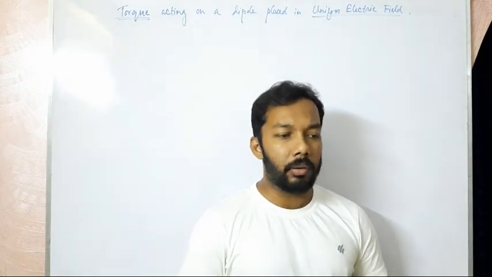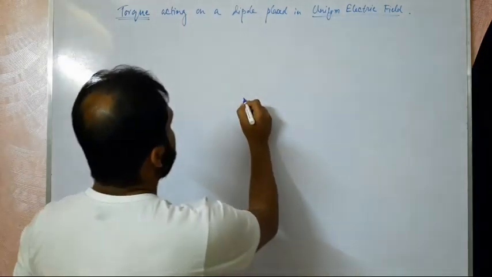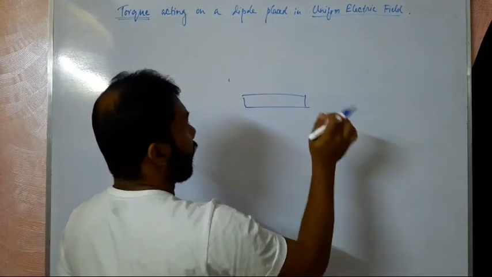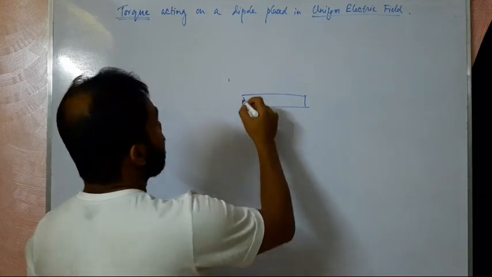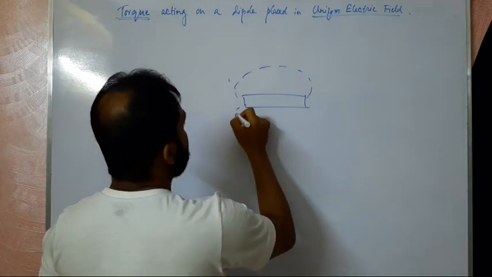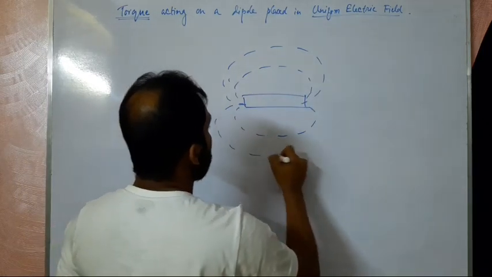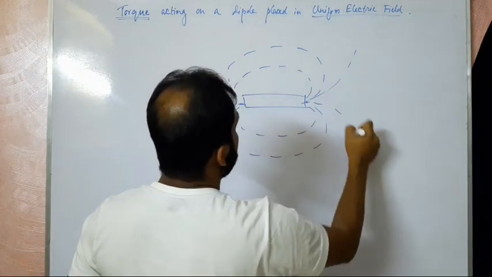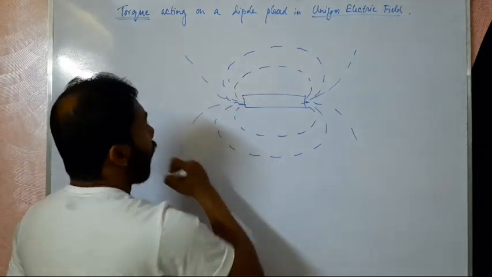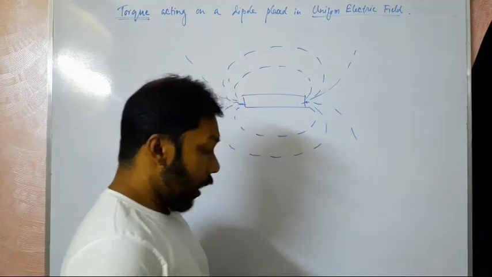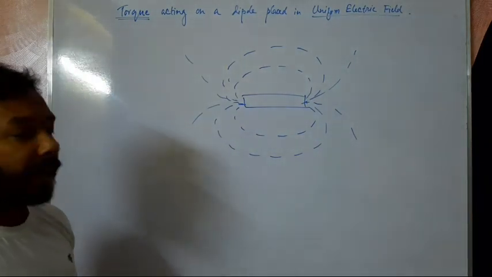Whenever you place a bar magnet and put some iron filings around it, then strike the page, you will see that the iron filings arrange in such a manner. You have seen that? These lines are actually called magnetic lines of forces.